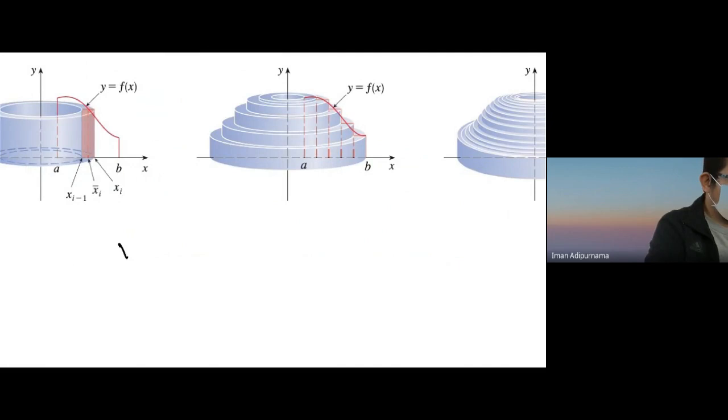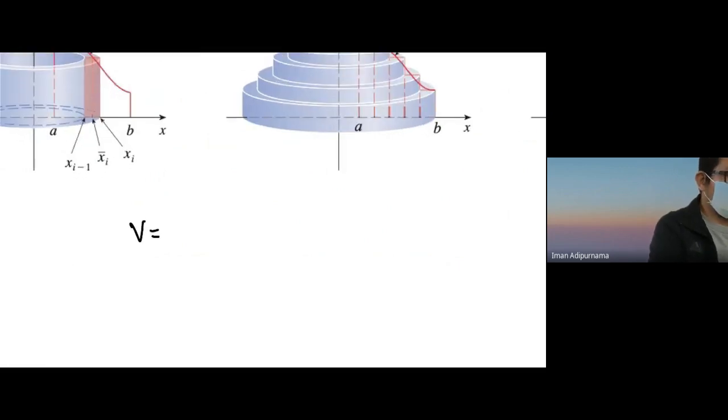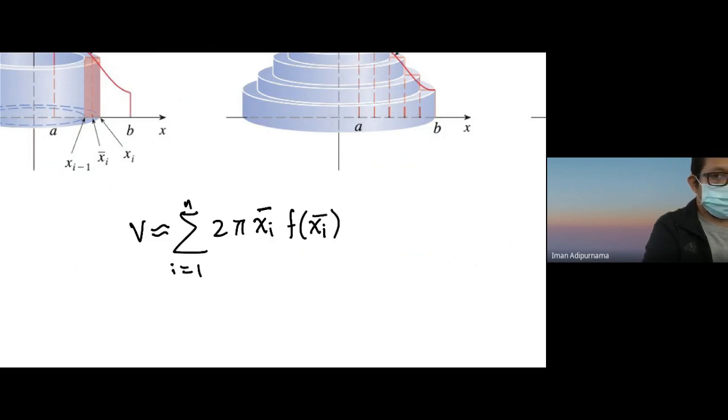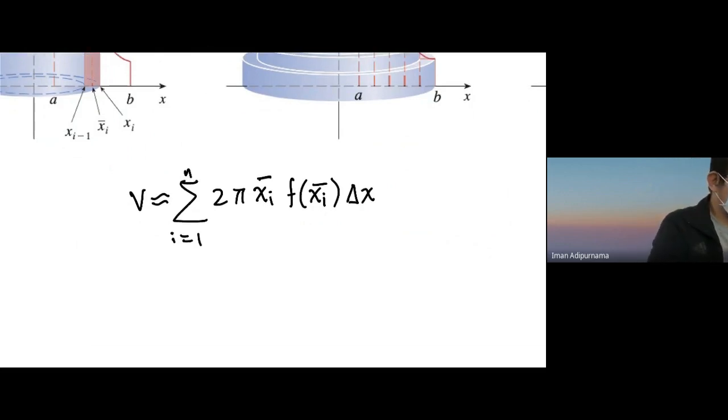So first, the volume is approximately a sum of 2 pi, and let's say this becomes an xi for some sample, this is the average x, and then f at that x, and then a delta x. And when n gets larger, we can use the limit.